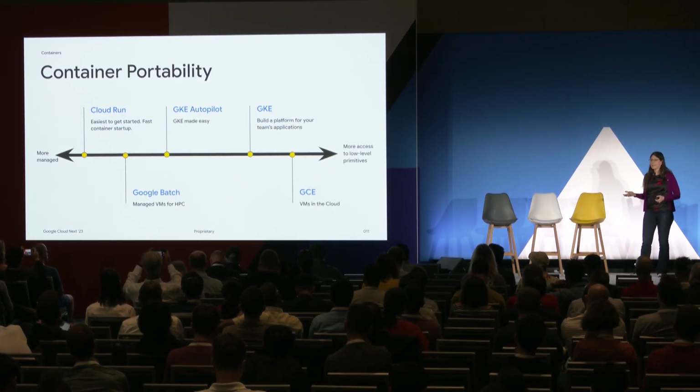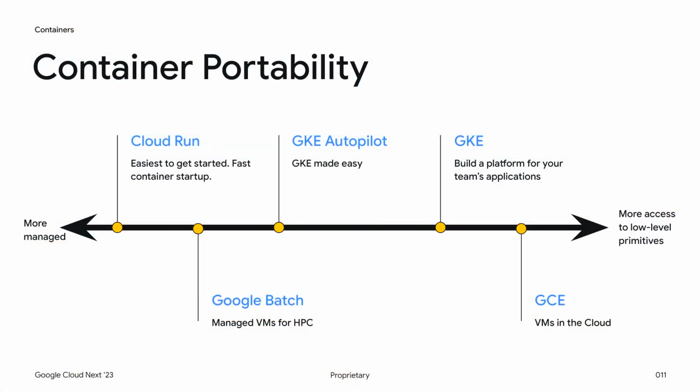What I mean by that, this slide shows different ways that you can run a container in Google Cloud. Say you start with Cloud Run, but then you find that you actually need access to local disk. No problem, you can take that same container without rebuilding it and move it to GKE Autopilot. Now you can access local disk, and you still have a pretty fully managed container platform.